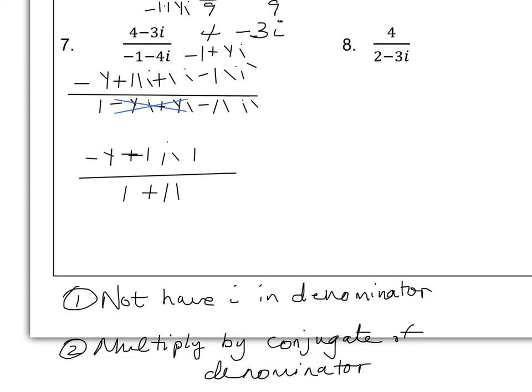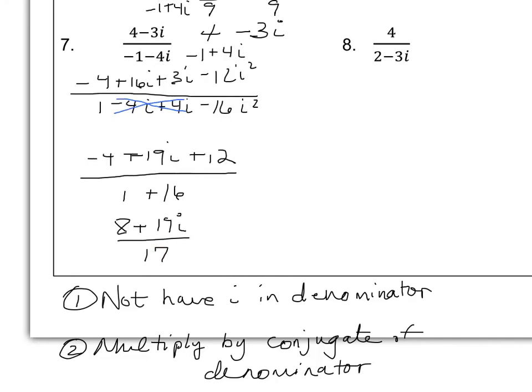And then I've got plus 12 because, again, i squared makes it the opposite sign. So then positive 12 minus 4 is 8. Plus 19i. All divided by 1 and 16, which is 17. And again, is there a number that will go into all 3 of these? No, there's not. So that's your simplified answer.